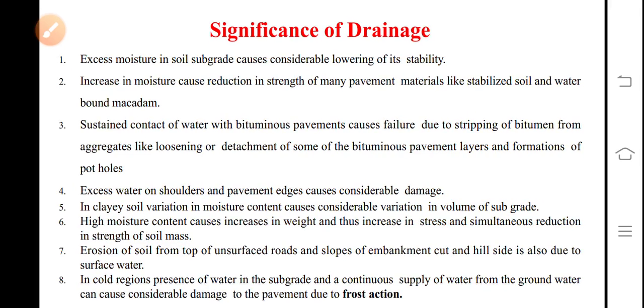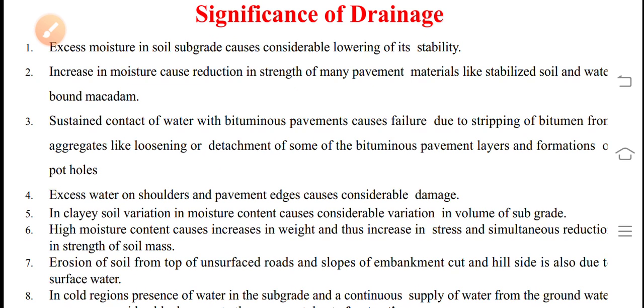Now, significance of drainage. Excess moisture in soil subgrade causes considerable lowering of its stability. We know whenever water comes into contact with soil, soil loses its strength, meaning stability is reduced or lowered. Increase in moisture causes reduction in strength of many pavement materials.